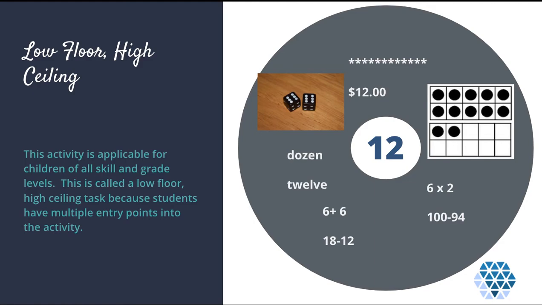That's because this activity is applicable for children of all skill and grade levels. Students have multiple entry points into the activity. So even with the same number, I can use it with students from kindergarten all the way through to high school. The representations will look different, but everybody has an entry point.